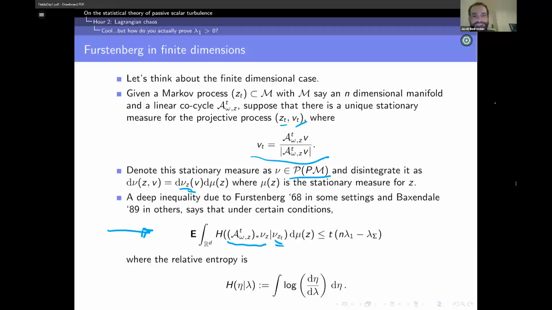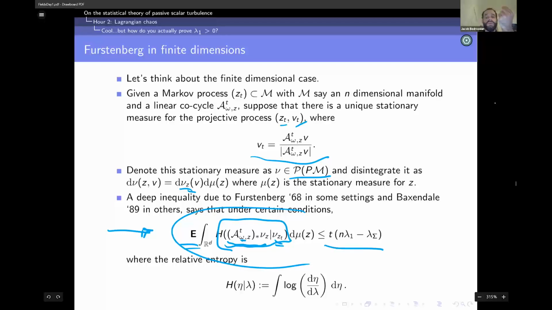So you first look at the relative entropy for each omega, and then you take the expected value over all the omegas. And then this quantity lower bounds the gap between the dimension of the cocycle times lambda 1 minus the sum of the Lyapunov exponents.